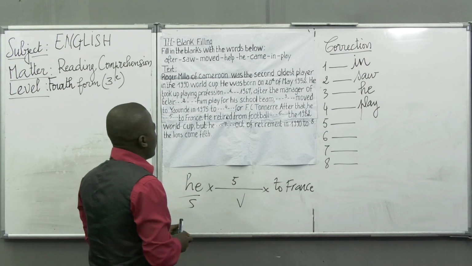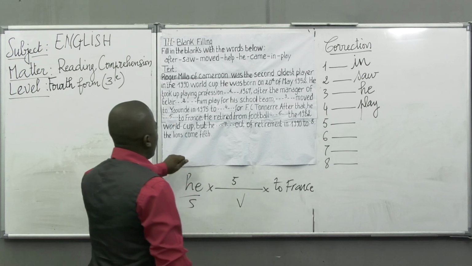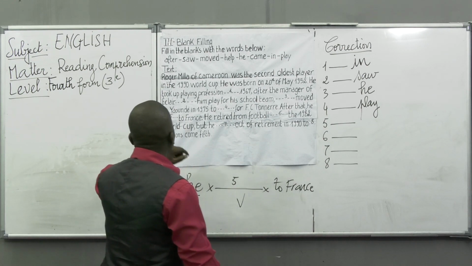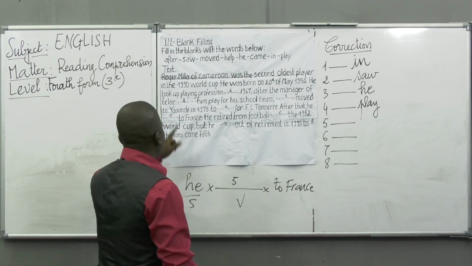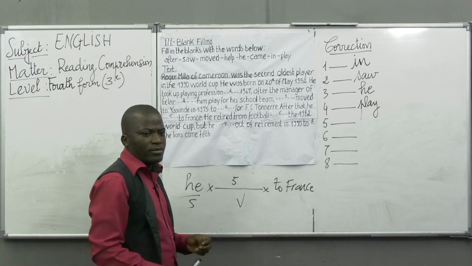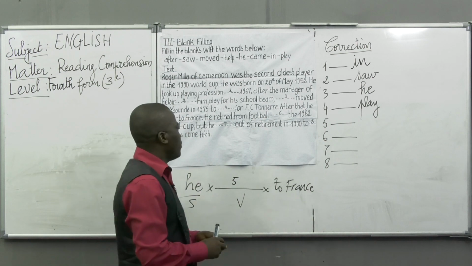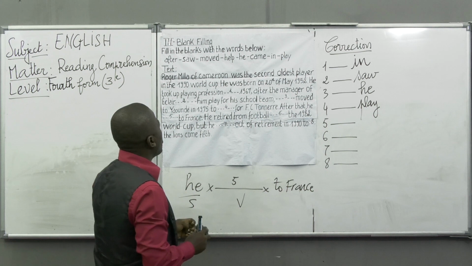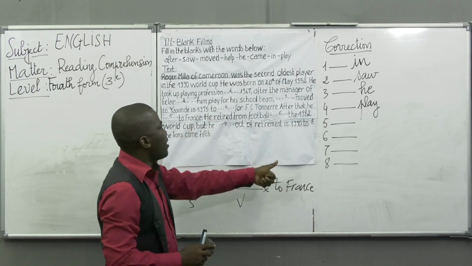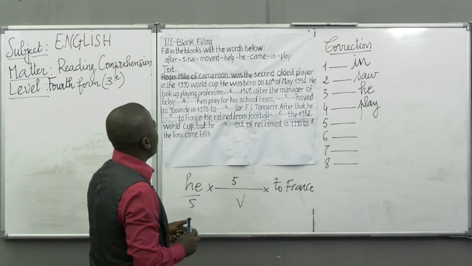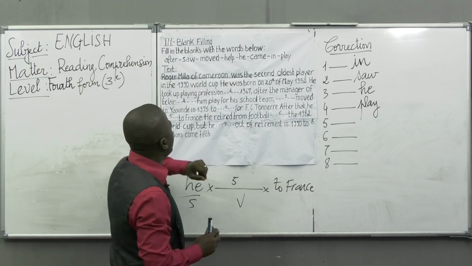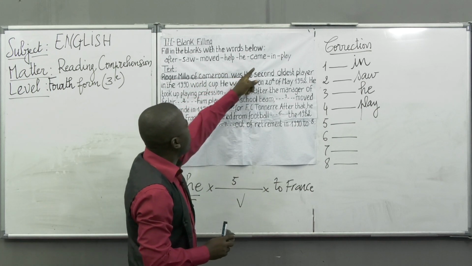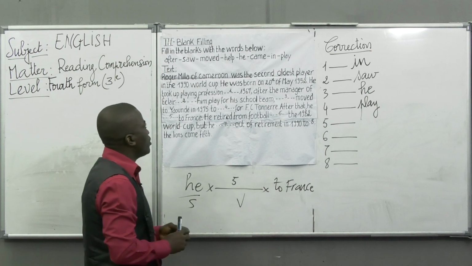Good. Now let's read the text. After that, he blank to France. He blank to France. Then we have the choice between moved, help, came. Three verbs. That's good.